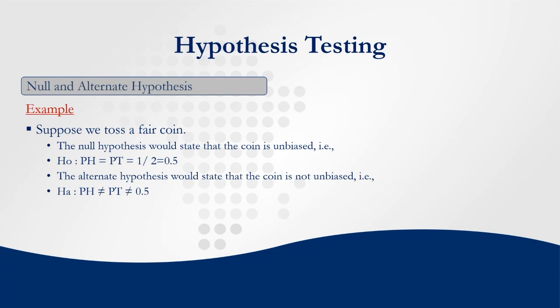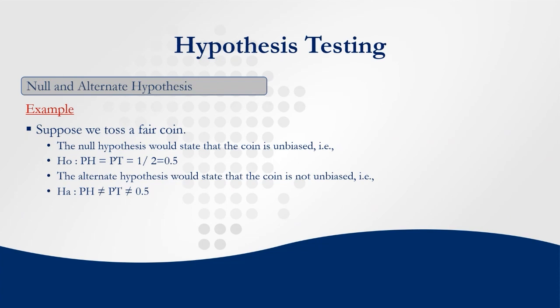So, for example, if we toss a fair coin, you can either have a head or a tail. And if we assume that the coin is fair, as I've said, it's not biased, then we expect the probability of getting a head, that it lands on a head, will be the same as the probability that it lands on a tail.